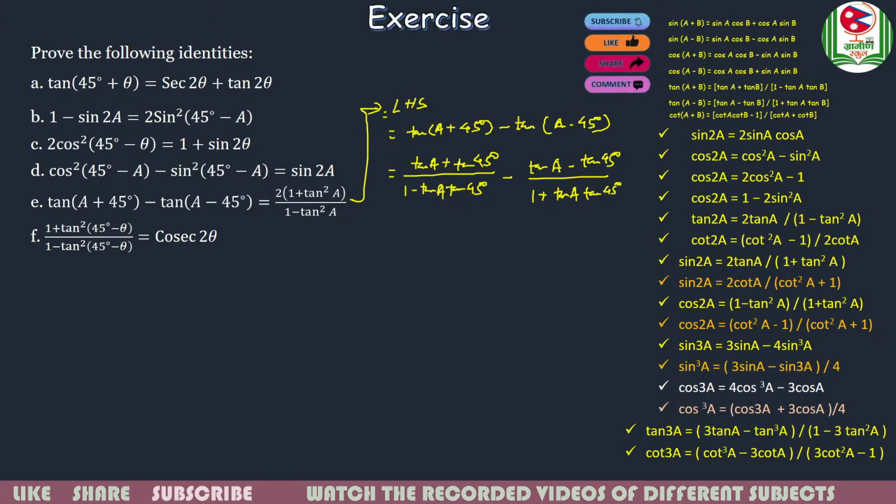Okay, so we all know that tan 45 is 1, so it can be easily written as tan a plus 1 upon 1 minus tan a, minus tan a minus 1 upon 1 plus tan a.